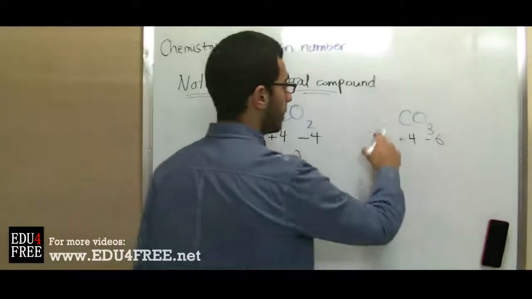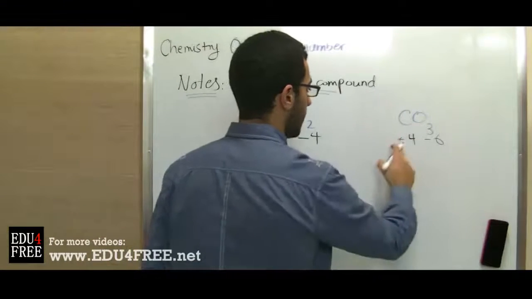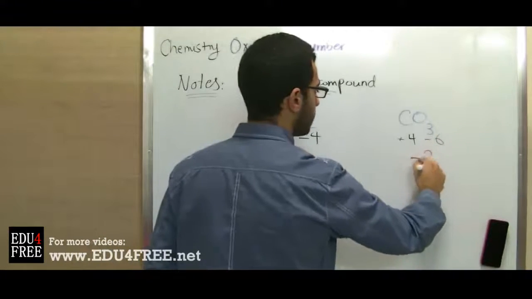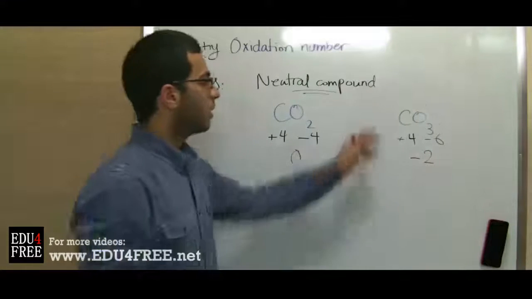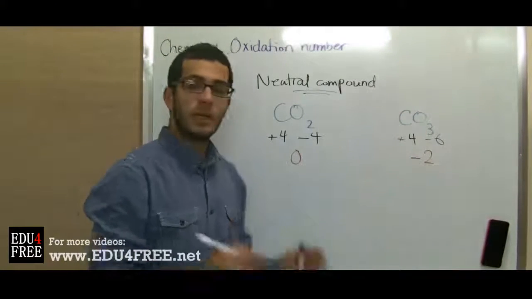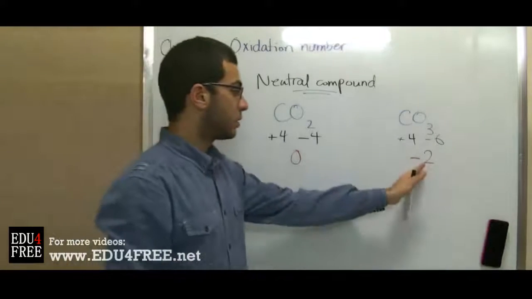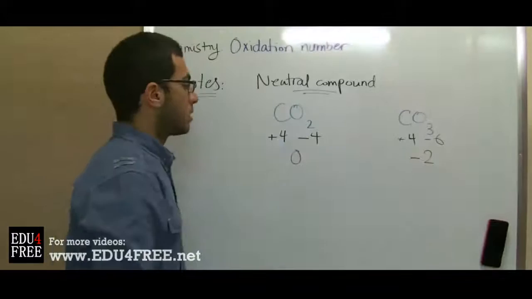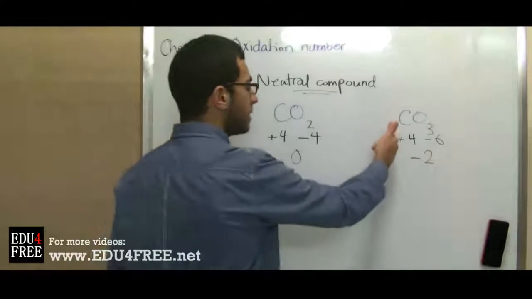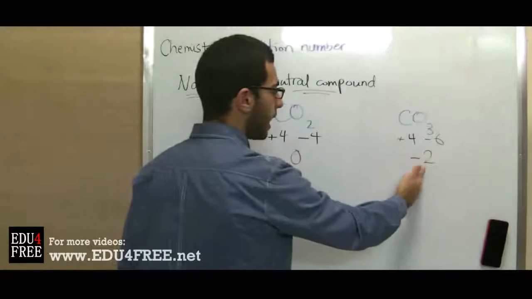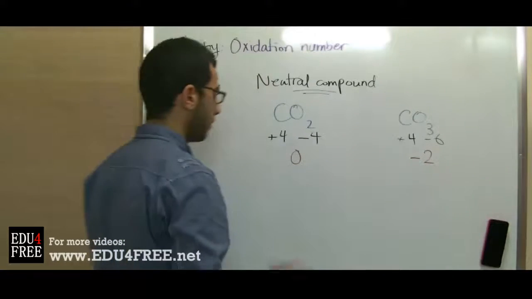But the carbonate here, if we add positive 4, negative 6, we will have negative 2. So after the combination of carbon with 3 oxygen atoms, there are still 2 electrons needed so that this compound can be stable. So if this compound faces any other metal, it will react to gain the 2 electrons in order to be stable.